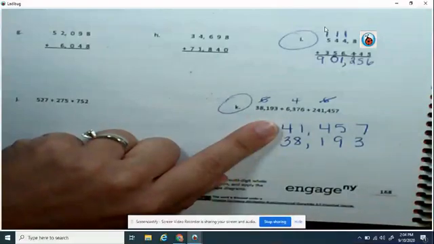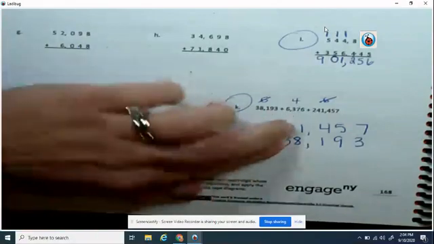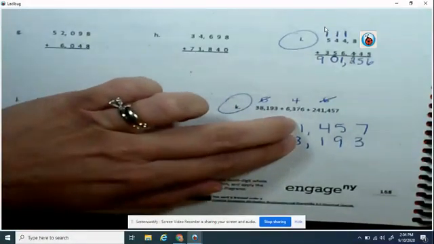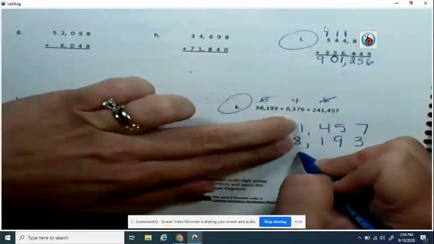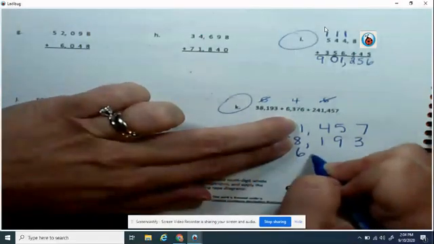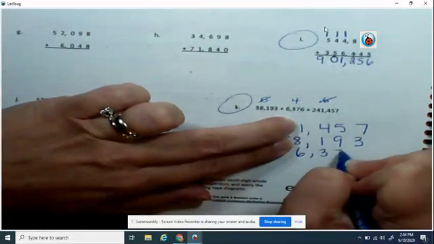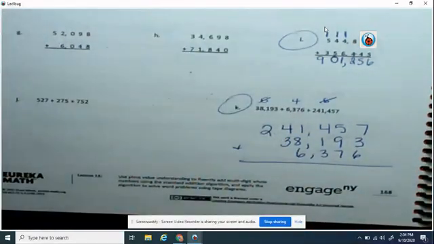I did that correctly. My next number has 4 digits, okay? So if I'm doing 4 digits, I'm moving down, and I'm not going to have anything here or here, and I'm going to work on this right here. I'm going to line up with my 4th digit. I've got 6,376.